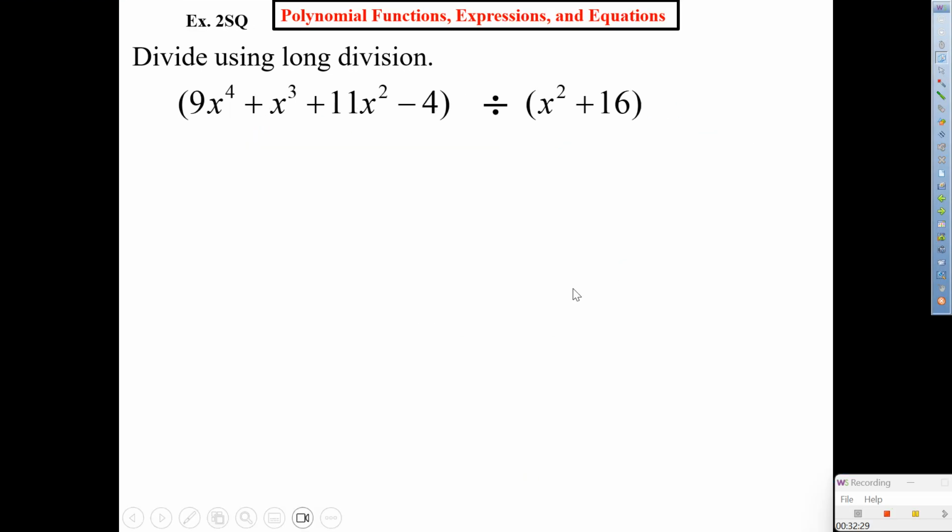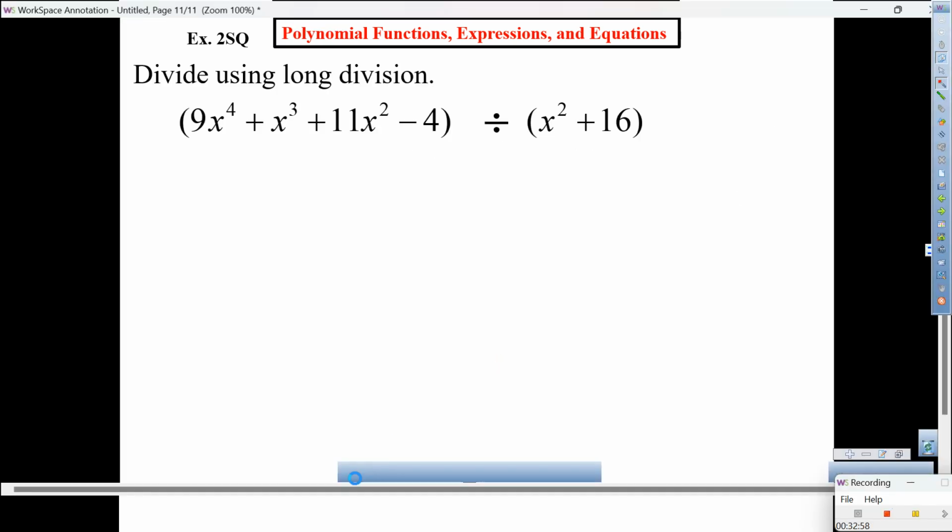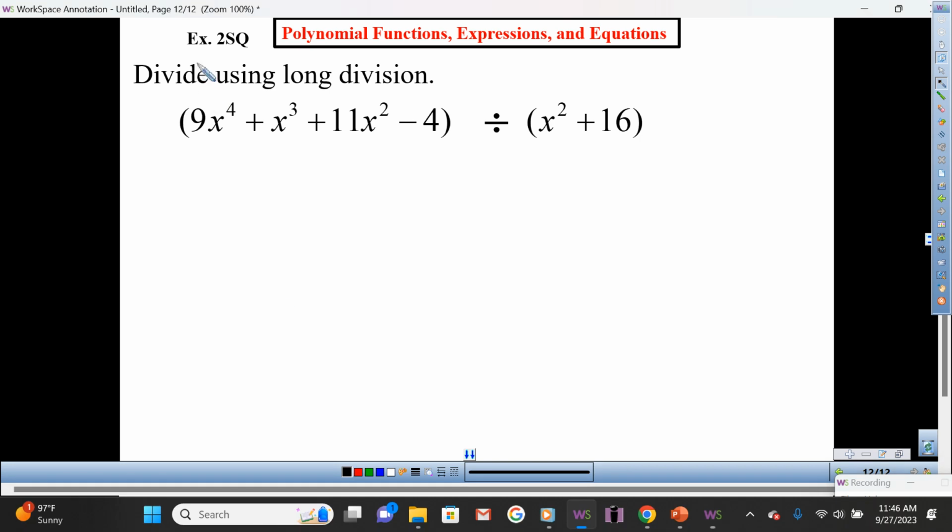Example 2 super cube. We got 9x to the 4th plus x cubed plus 11x squared minus 4 divided by x squared plus 16. All right, help us with this one, please. What do we do first? Check for standard form, so therefore, what do I write here? And we're missing the 1 in the box. There it is.